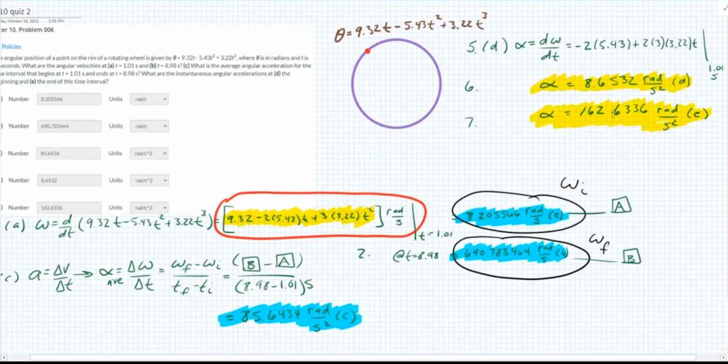Well, there's no real moral to say. The only real concluding comment to make is, look at the difference. This is my average angular acceleration, but certainly that doesn't mean it doesn't vary significantly.